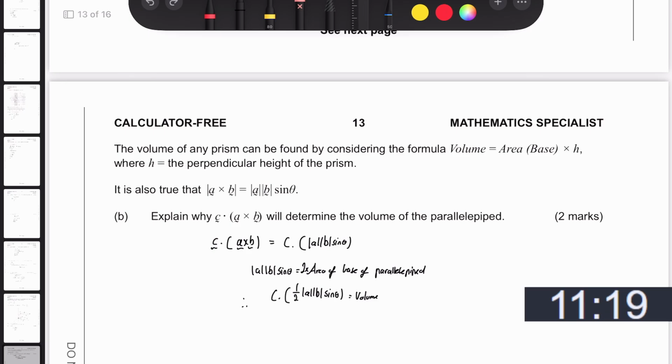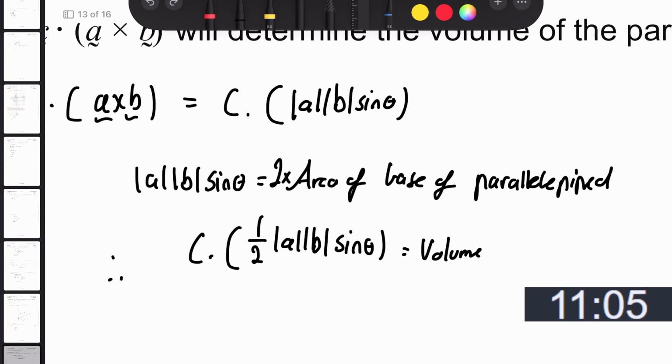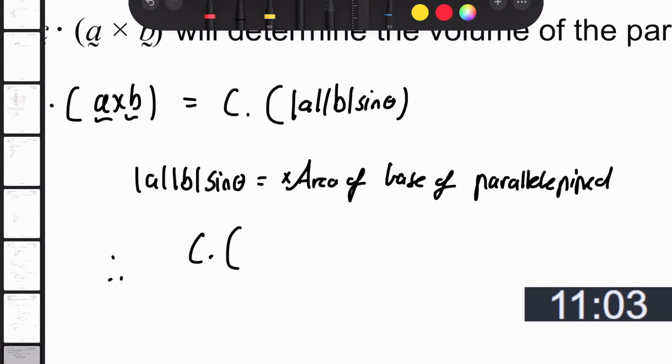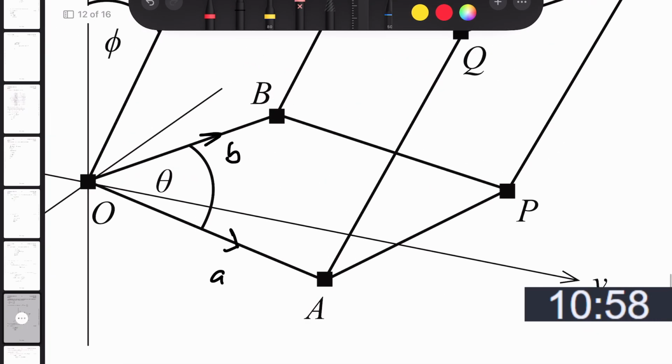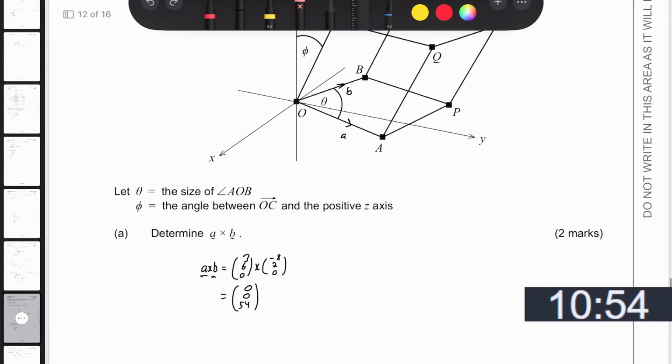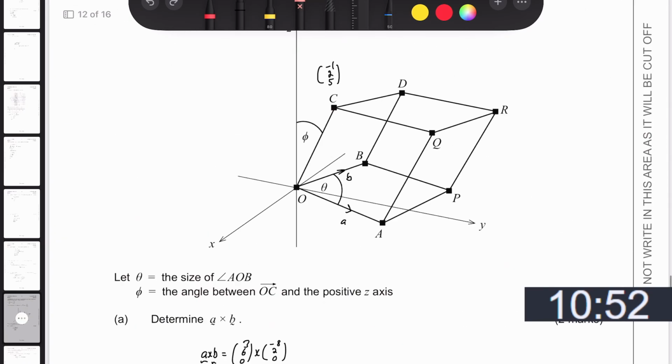AB sine of theta. Oh no, that is the area of the base, because that half of AB is for the triangle. So if that was like a triangle there, but it's double, okay. So it's the area of the base, but is C the perpendicular height?